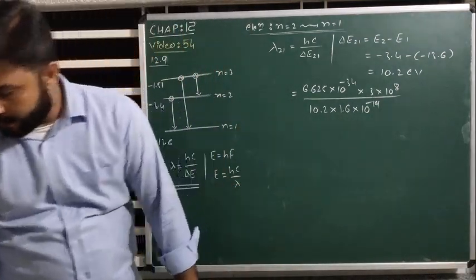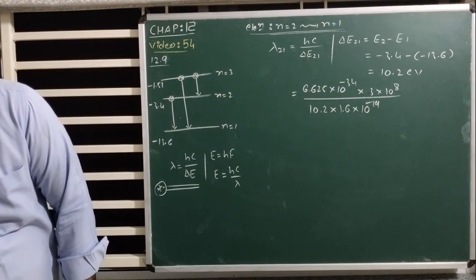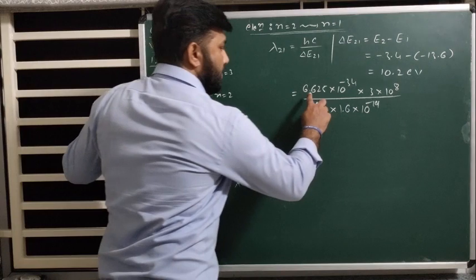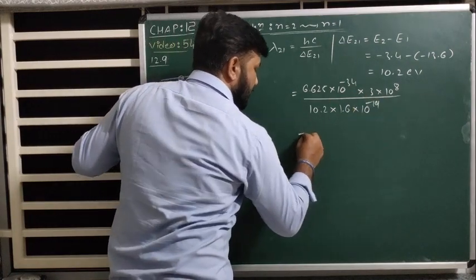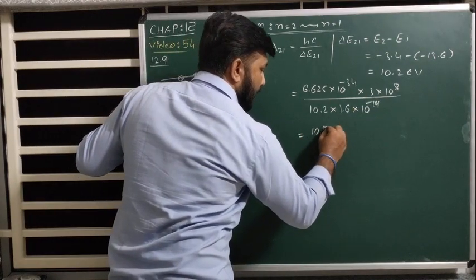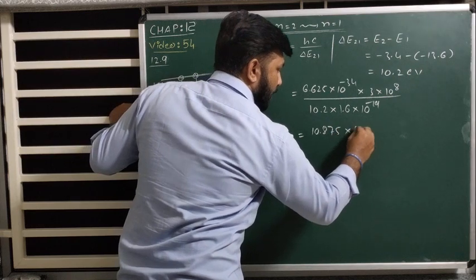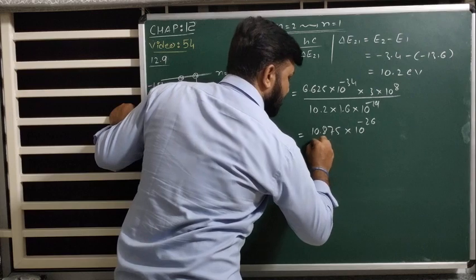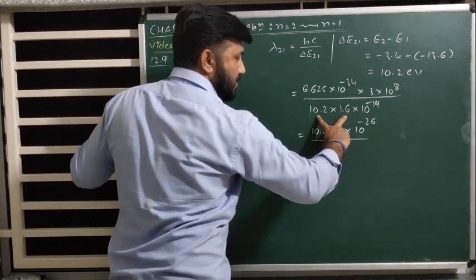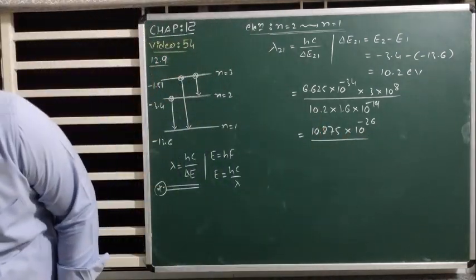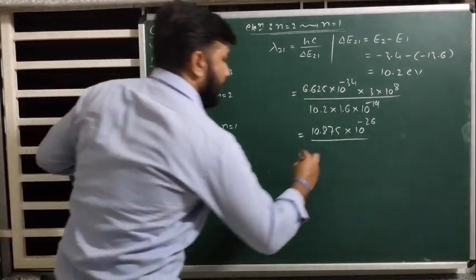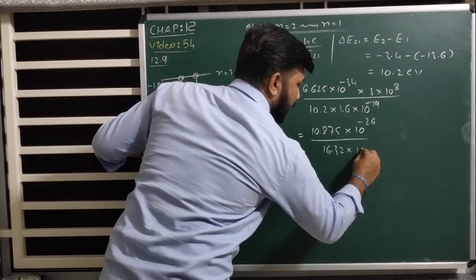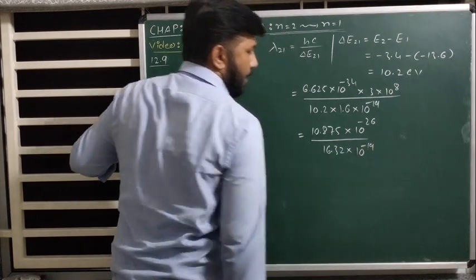Do the calculation. We will get 10.875 multiplied by 10 raised to minus 26, divided by 16.32 multiplied by 10 raised to minus 19.